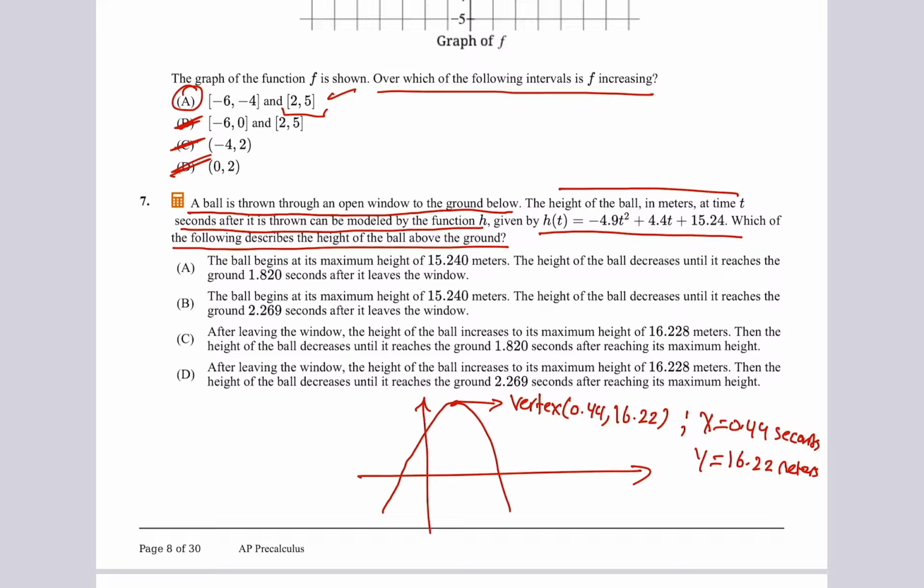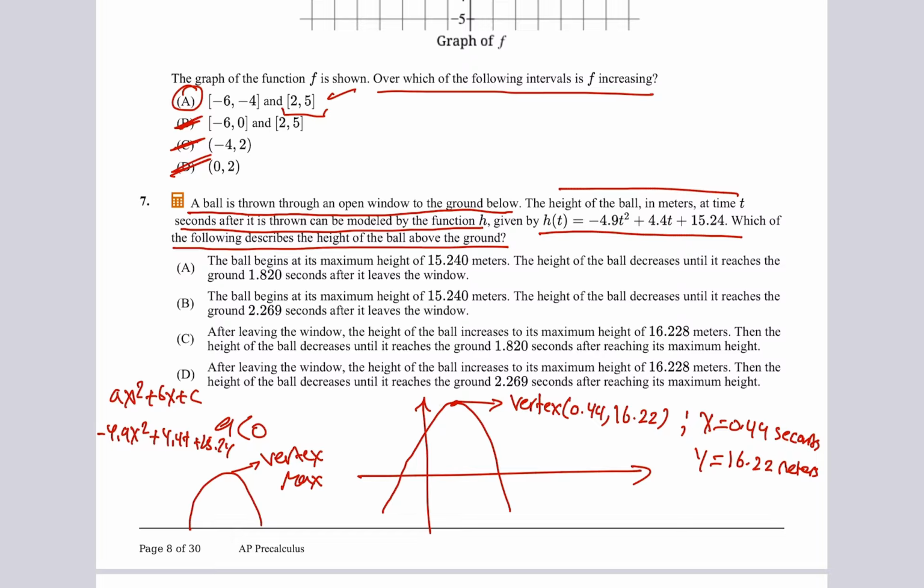And that is the maximum point, right? Why? Because a is negative. When a is negative, the parabola is facing downwards, which means the vertex is considered the maximum point. In this case, remember, the standard form is ax squared plus bx plus c. We have negative 4.9t squared plus 4.4t plus 15.24, right? a is negative, it's facing downwards, so the maximum point is the vertex.